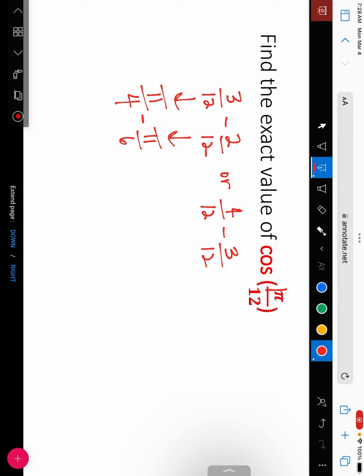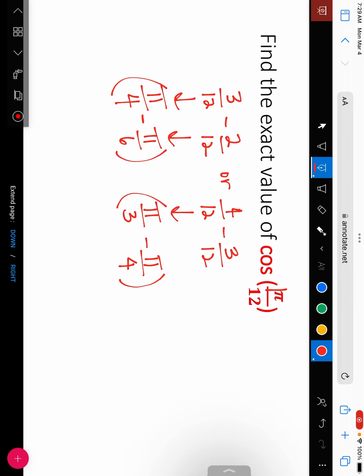We could either do pi over 4 minus pi over 6, that's my first option, or I could do pi over 3 minus pi over 4. And what I want to make sure you understand is when you do this on the test, we're going to get the same answer. It's the same thing. So it doesn't matter if we use the first pair or the second pair. The main thing is we need to make sure we get down to 1/12.